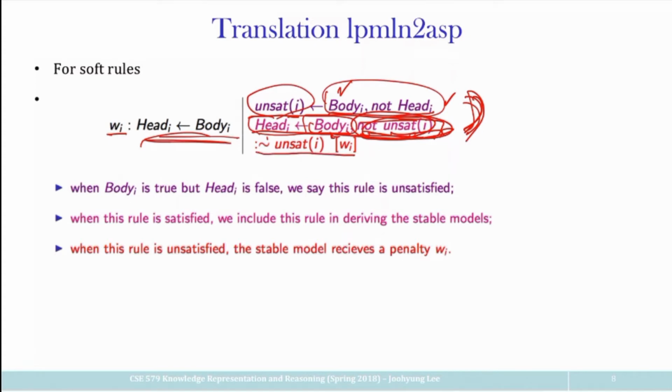If onset becomes true, then this rule gets the penalty Wi. I didn't introduce the level here yet. When the level is missing, by default the level is 0.